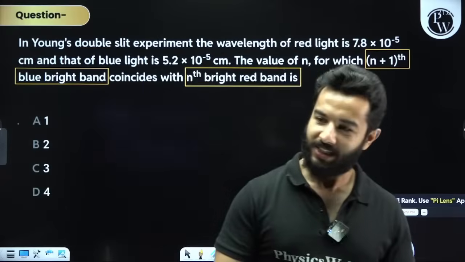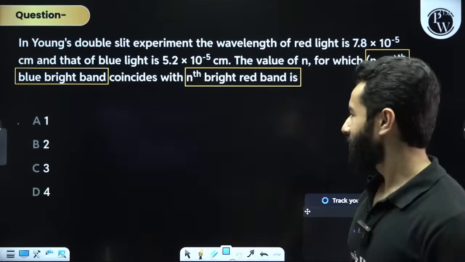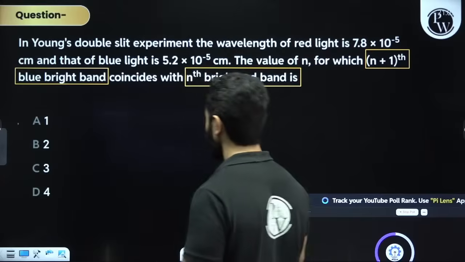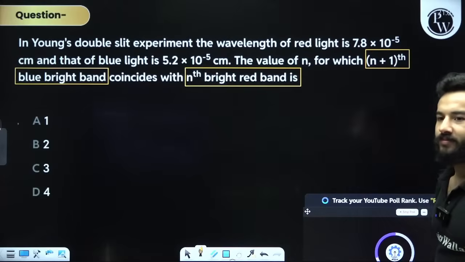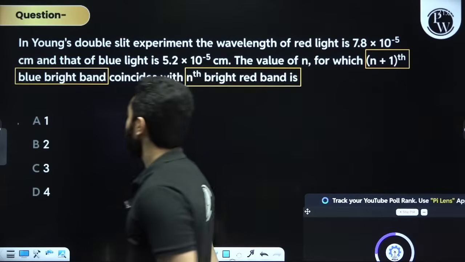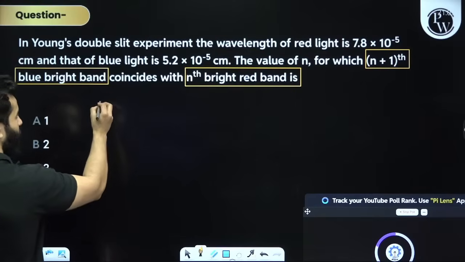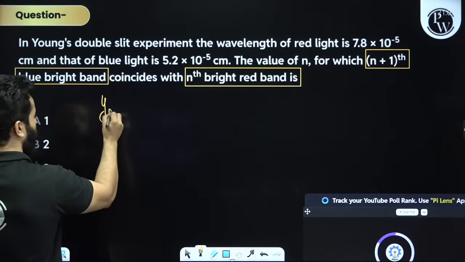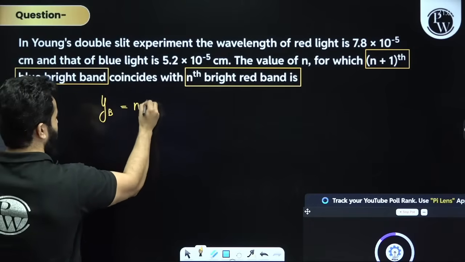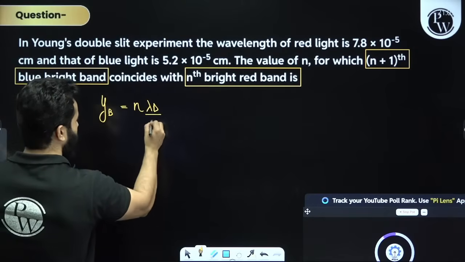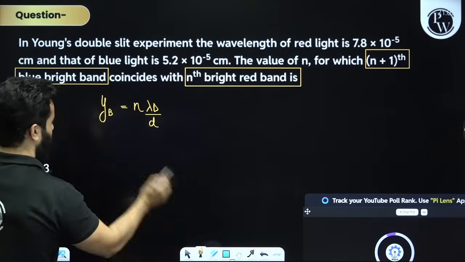Lots of you are saying C, some of you are saying B. For bright, normally the formula is n lambda capital D by small d, right, for bright fringe.